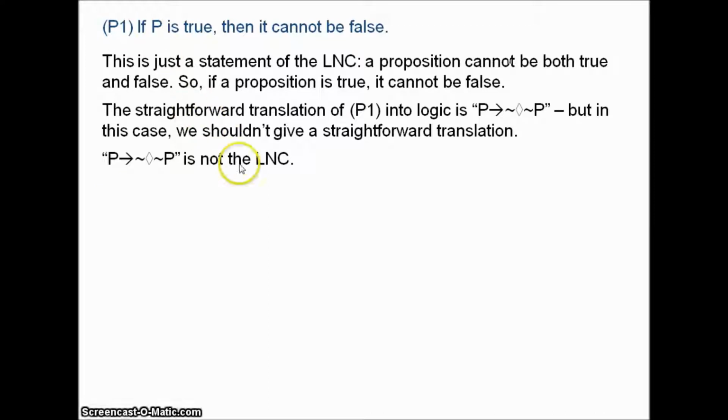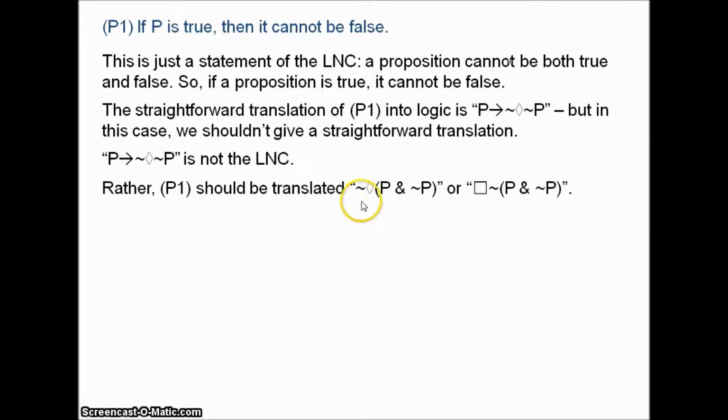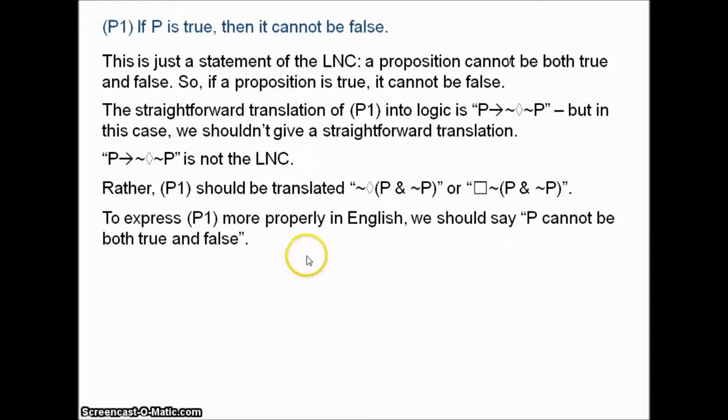Rather, P1 should be translated as not possibly (P and not P), or necessarily not (P and not P). So to express P1 more properly in English, we should say it is not possible that P is both true and false, or P cannot be both true and false.